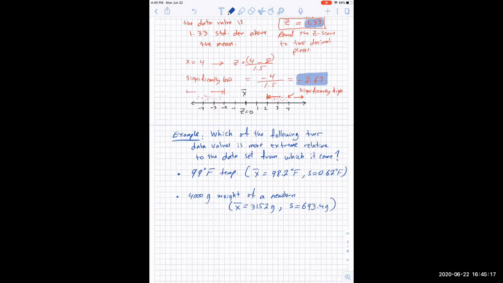All right, so I have completely different samples. One sample talks about weights of newborn babies, and the other one talks about temperature. And I have these two data values. Which one is more extreme relative to the data values in the sample? Is it the 99 degrees or the 4,000 grams? In order to compare these and see which one is more extreme than the other, we have to find the z-scores.